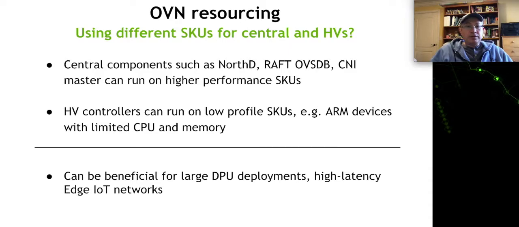The central components such as NorthD, RAFT, OVSDB, and CNI master can run on truly fast Intel CPUs, for instance, or AMD CPUs, while HV controllers can be limited to a single core or a small amount of memory. That can theoretically help us get these deployments deployable even at a very large scale, but only to some degree, at DPUs and high latency edge IT networks.